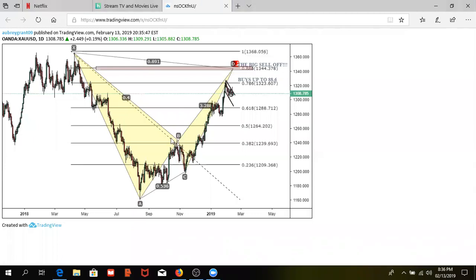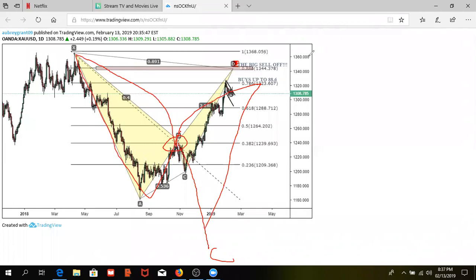Nah, I don't. Anything that hits the 38.2, I don't trade it. The only thing that I trade that hits a 38.2 is a cipher pattern, and the cipher pattern breaks below the A leg. This will be the C leg, and then it'll complete up here at the 78.6 for the cipher pattern.